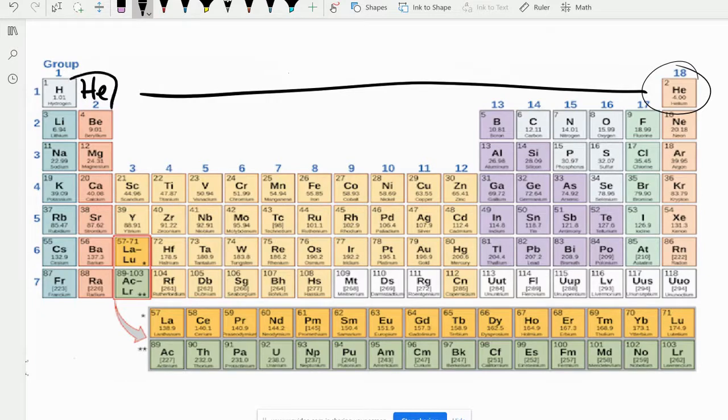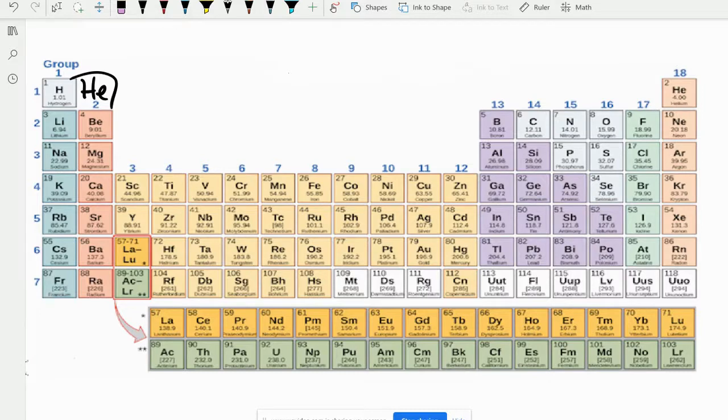So let's go ahead and just add helium there. It turns out the periodic table is a tremendous tool for constructing electron configurations, because it's organized in a way that lines up with how the electrons are actually distributed in atoms.